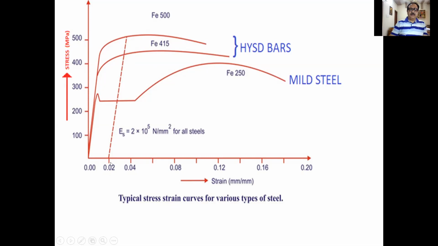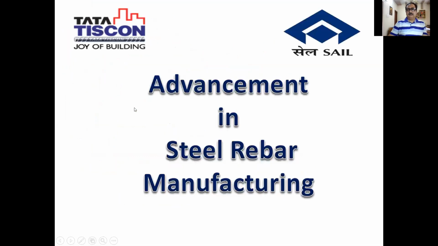Depending upon where this line crosses the curves, these are considered to be the yield points for Fe415 and Fe500 steel. So the strength values are very high in the case of HYSD bars, and the value for mild steel is very low as compared to these two bars.